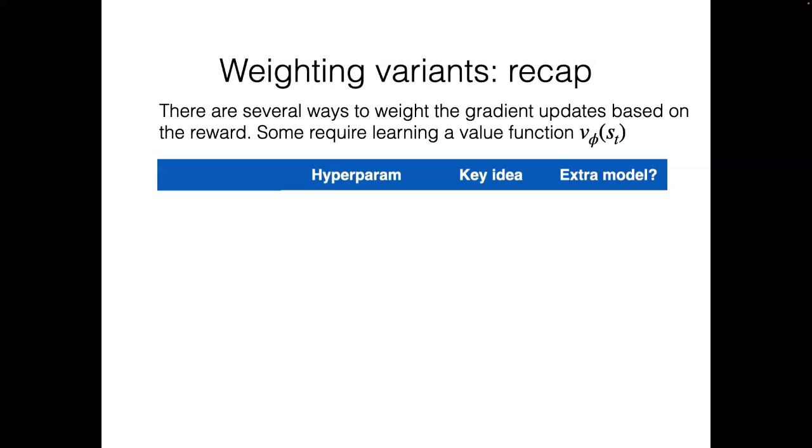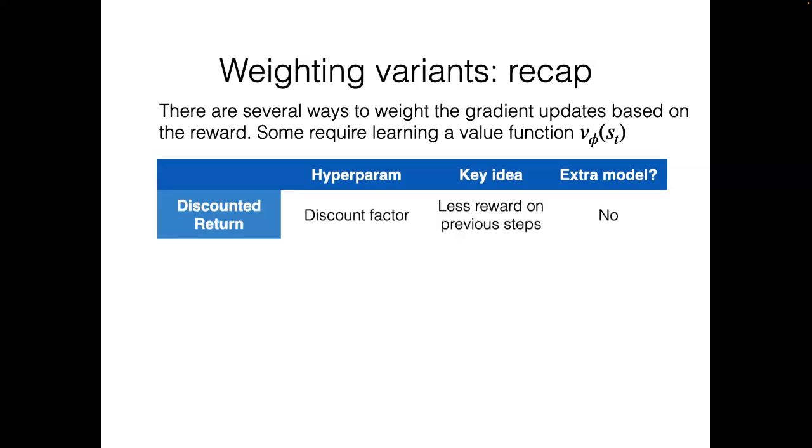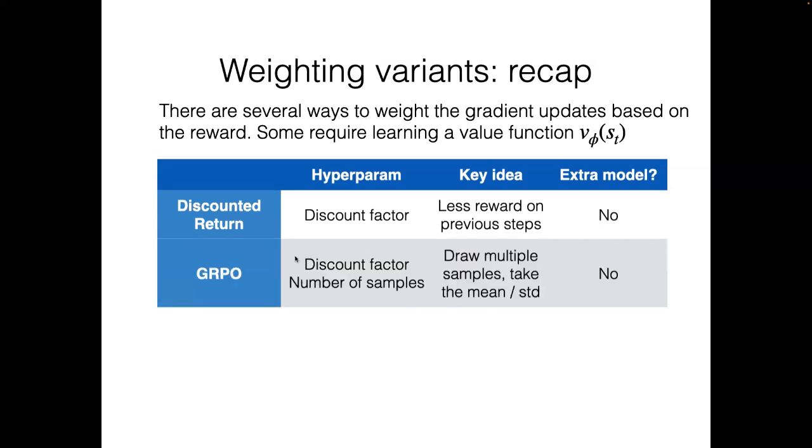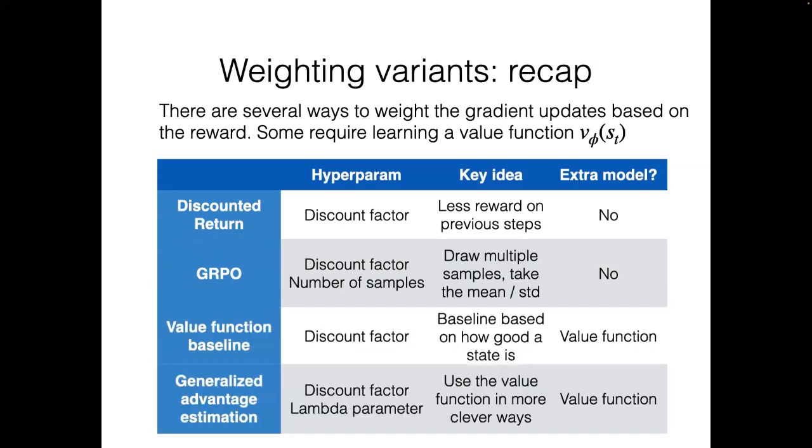So to recap, there's different ways to weight these gradient updates. One is this discounting, and discounting can be used within any of the other methods. The other is this method from GRPO. And then there's these two other methods we discussed that introduce this additional value function.